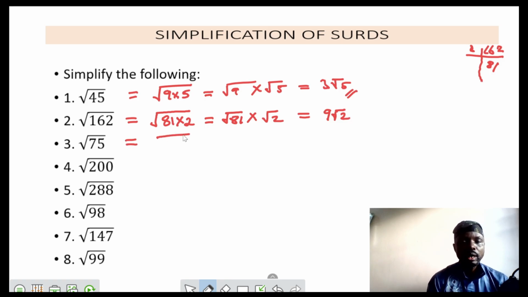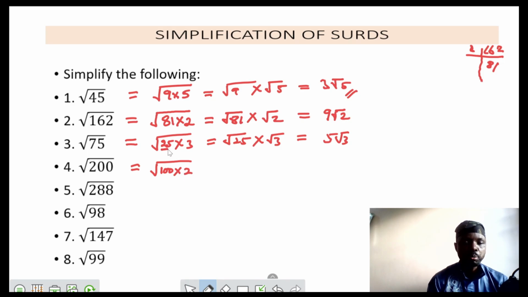So also root 75 can be broken to 25 times 3. 25 times 3 will give you 75. And this one can be broken into root 25 times root 3, and I will have 5 root 3. So also root 200. 200 can be 100 times 2.